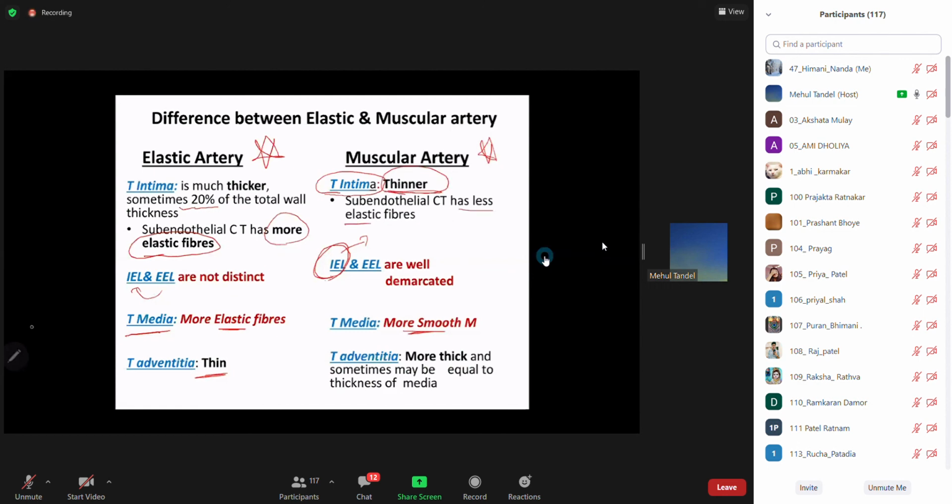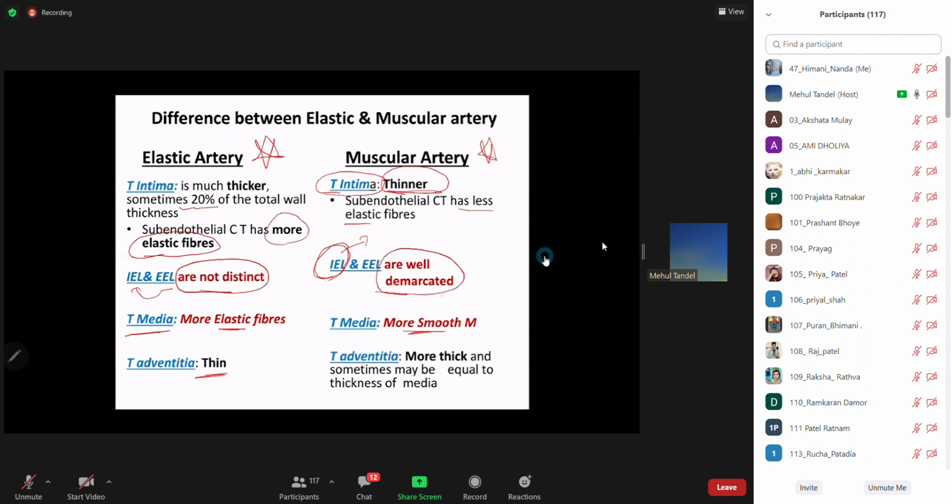The most important difference is this: in an elastic artery, both the internal and external elastic lamina are not distinct, not clear, but these are well demarcated in a muscular artery.